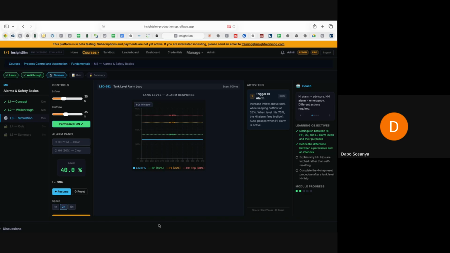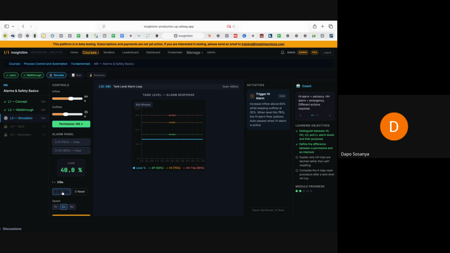Let me pause. Now, the activity says increase inflow above 60% while keeping outflow at 35%. The implication of that is that the tank will now be going towards overfilling. There will likely be a trip if there is no intervention, because we are taking the inflow above 60%. So let's say 64%, and the outflow is kept at 35%.